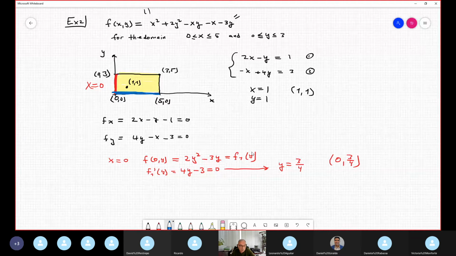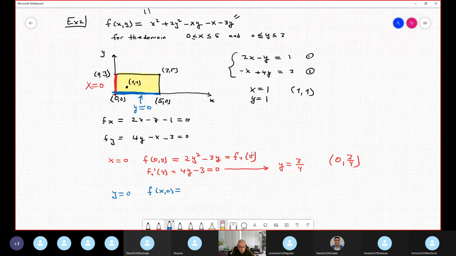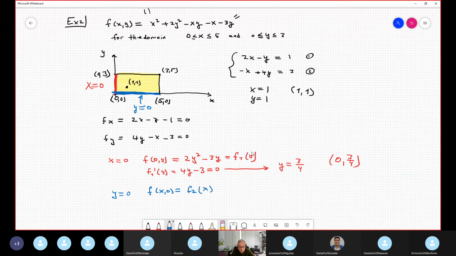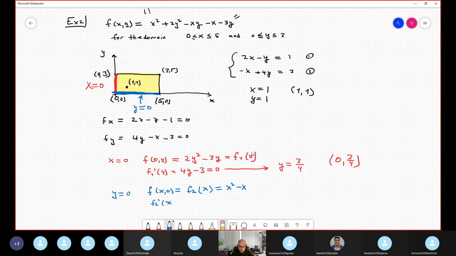Suppose now this blue line is y equals 0. So when you substitute y equals 0, the function f(x,0), I want to call it f2, depending only on x, and you differentiate, why not? F2 prime in x is 2x minus 1 equal to 0.